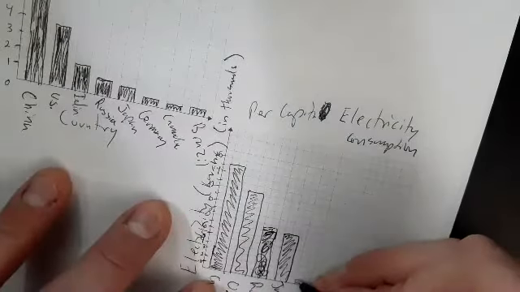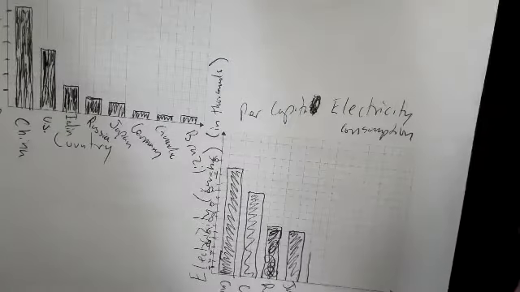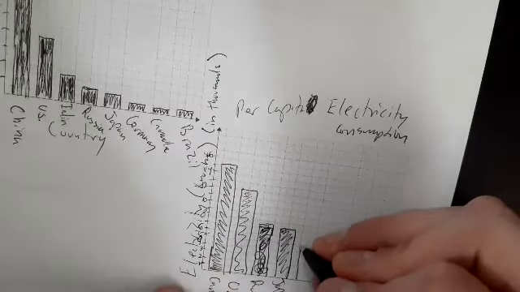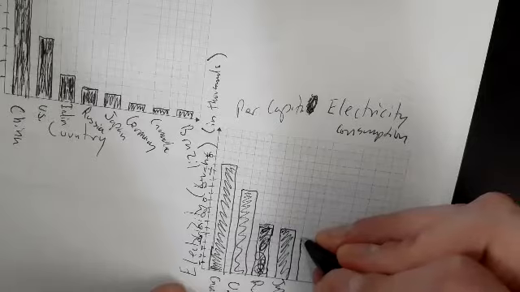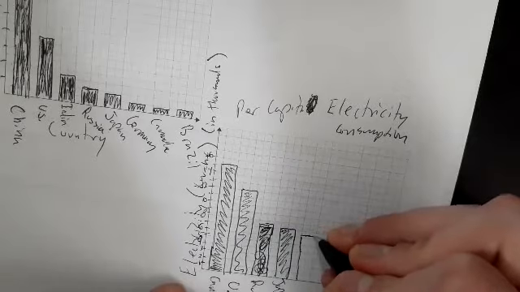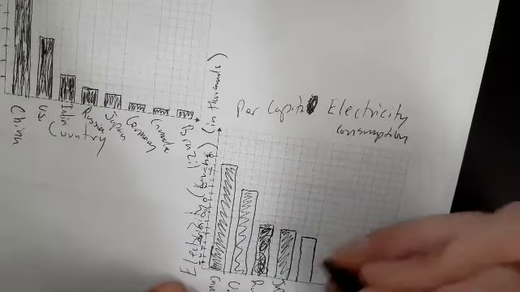The next one is Germany, which is at 6.6, about halfway to the 7.